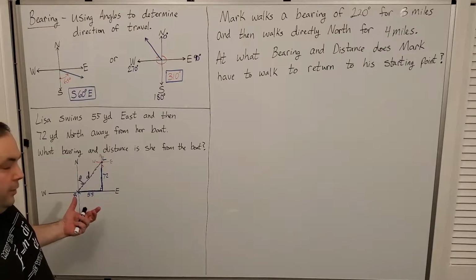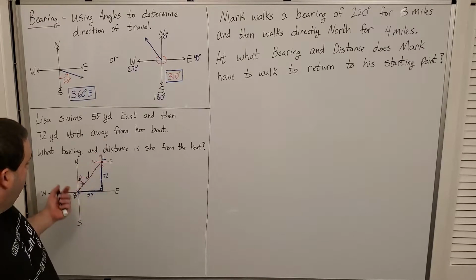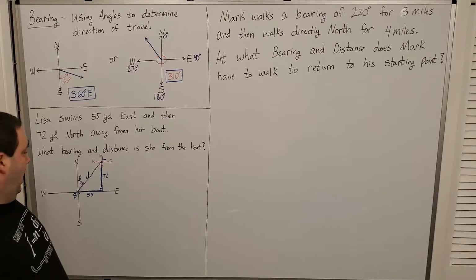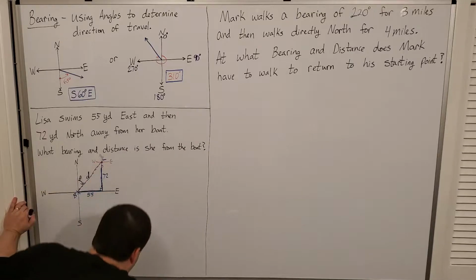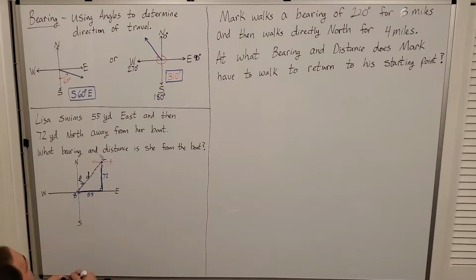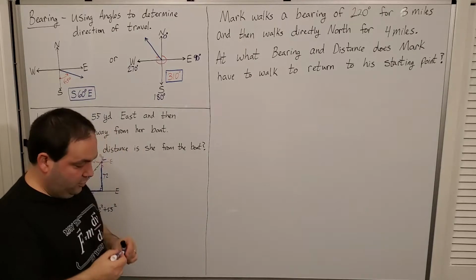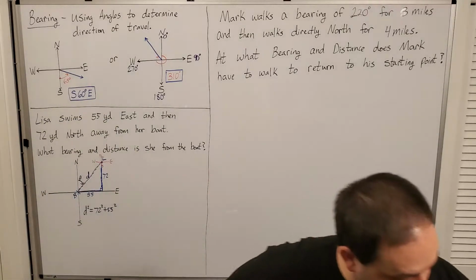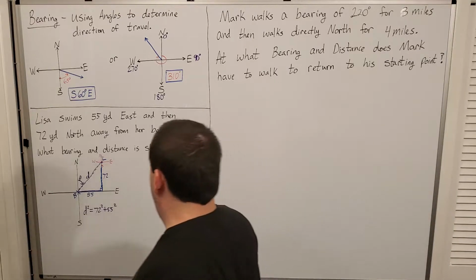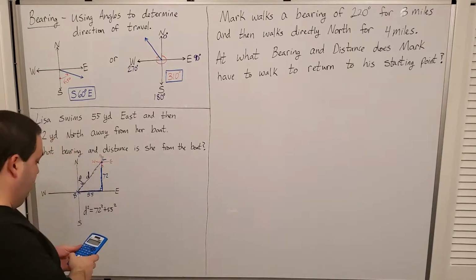Now hopefully you've already noticed that we're just dealing with a plain ordinary right triangle. And what I have is a Pythagorean identity. D squared is equal to 72 squared plus 55 squared. Just an average, ordinary Pythagorean identity in order to calculate my distance.